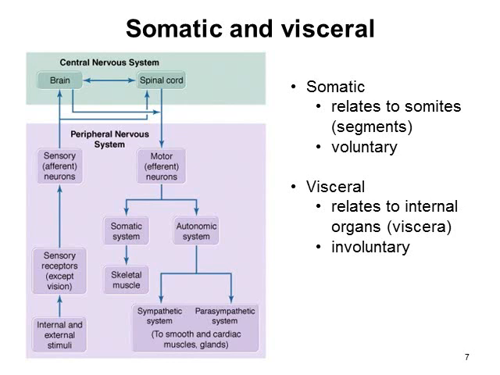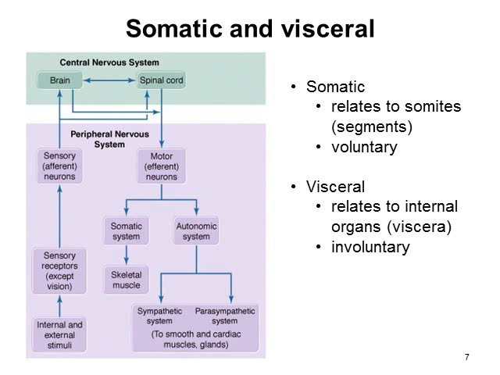Motor or efferent neurons come out of the spinal cord and into the peripheral nervous system, where they then split into the somatic system to innervate skeletal muscle and the autonomic system, which then splits further into the sympathetic system and the parasympathetic system. Together these innervate smooth and cardiac muscles and deal with the glands, so pancreatic secretion, pituitary gland, everything like that.